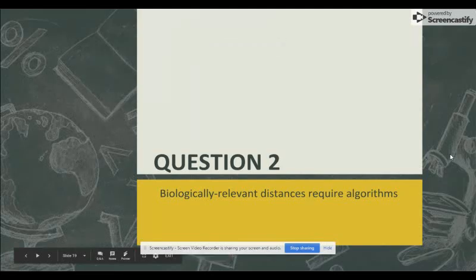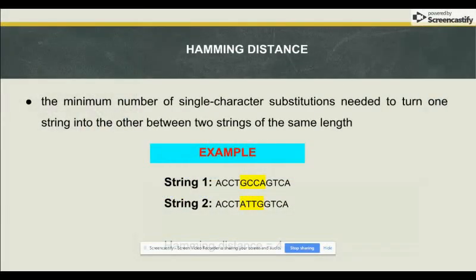Next is question 2, which is biologically relevant distances require algorithms. Hamming distance. What is Hamming distance? Hamming distance is the minimum number of single character substitutions needed to turn one string into the other, between two strings of the same length.